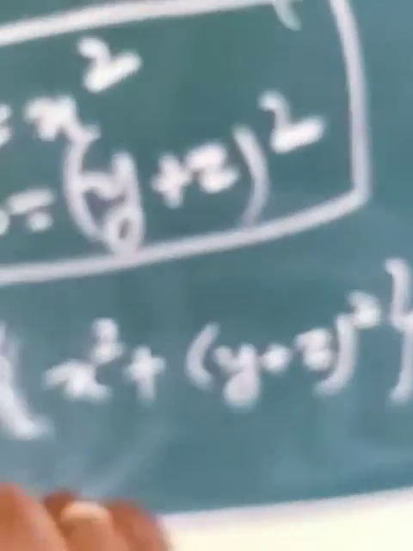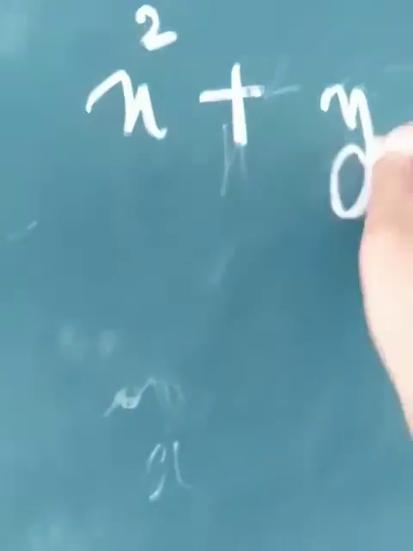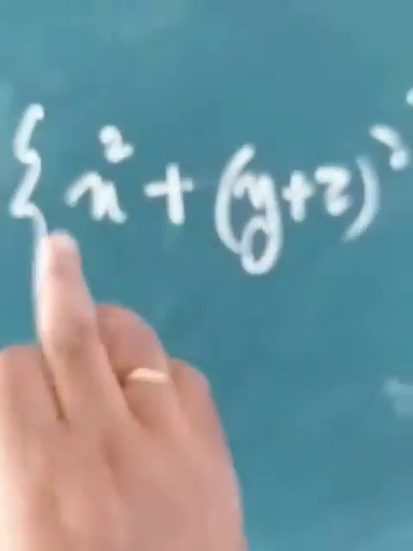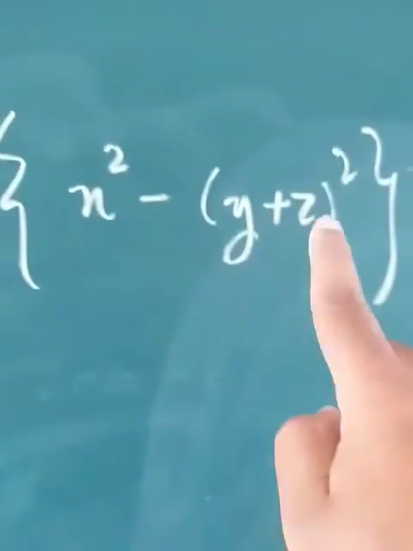Okay, so let me write this part on the next line over here, that is a squared plus y plus z squared. So it is a plus b. Now we'll split the second part of the solution, that is a squared minus b squared.